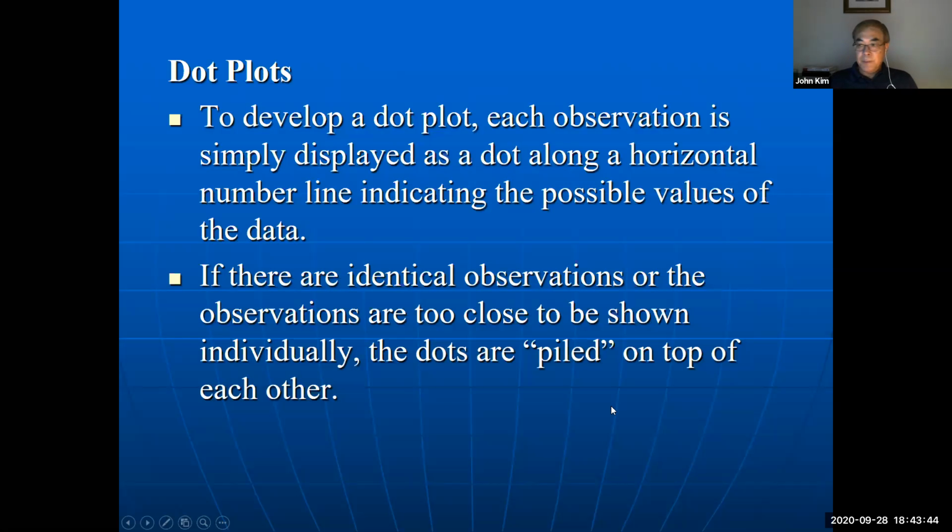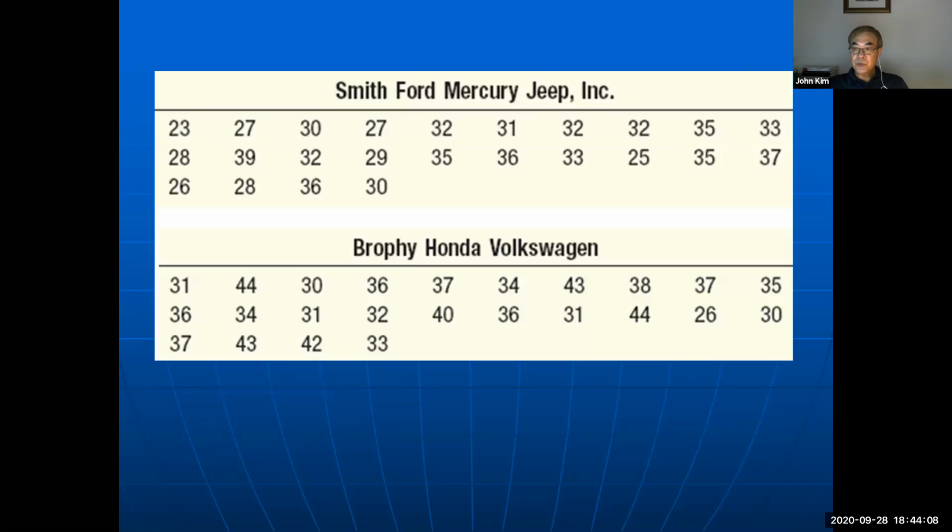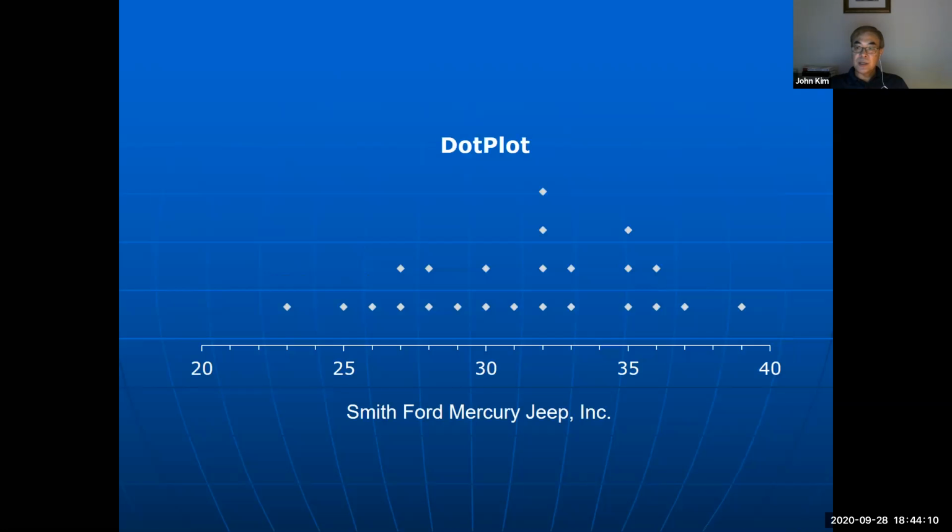And then describe data graphically. One of them is the dot plot. Using dots and piling up if there are multiple of the same value, we can show the data set like this.